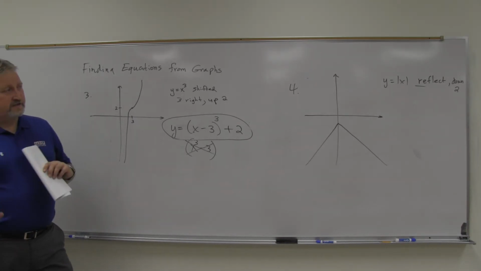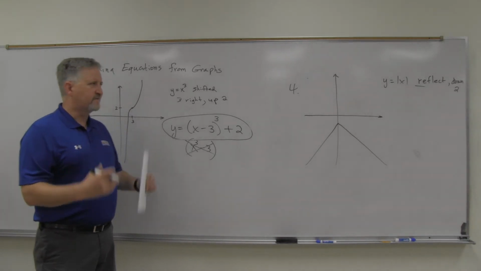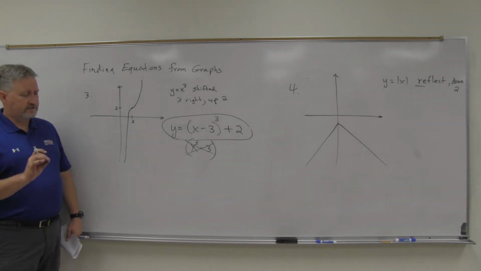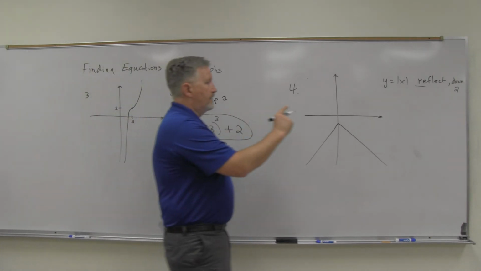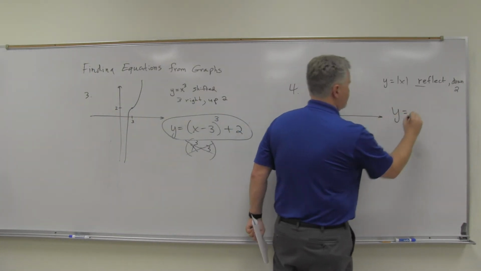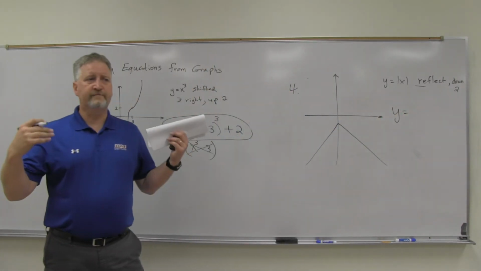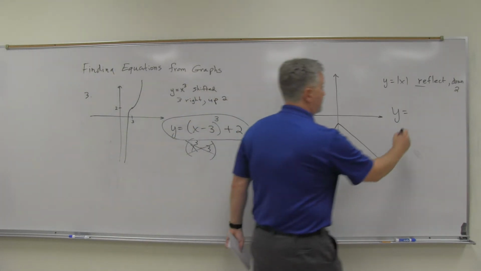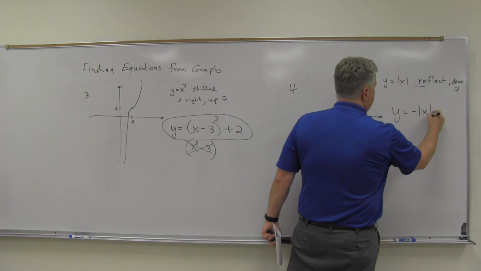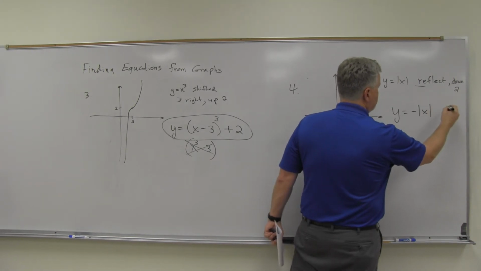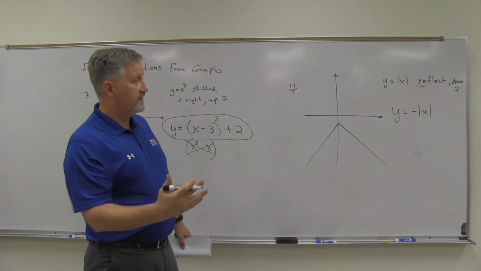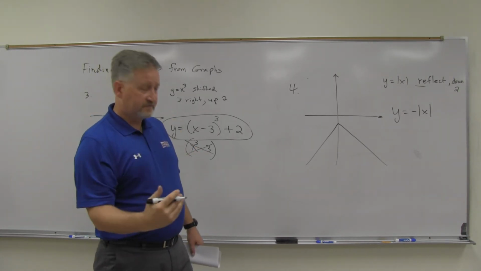So it's a reflection and then down 2. So I do a reflection, and how do I do it? Put a minus in front of the absolute value, and then down 2. That's up or down, so it's outside the absolute value, and down is negative 2.